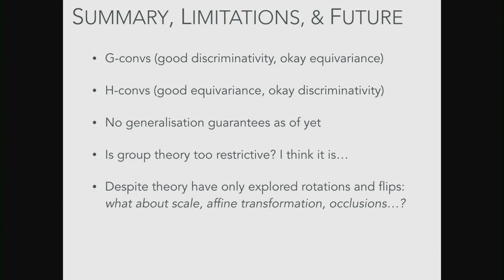But even despite the fact that there is theory on these G-CNNs, we still haven't looked at things like scale. Well, actually, not scale, because it doesn't get covered by the theory. But there are other kinds of group transformation which have been covered.